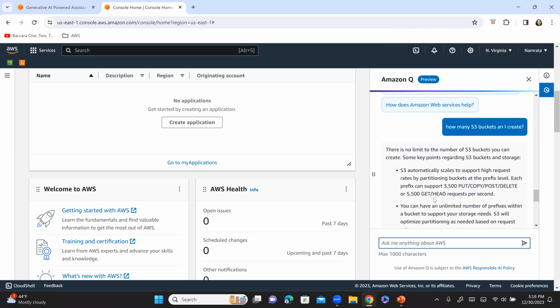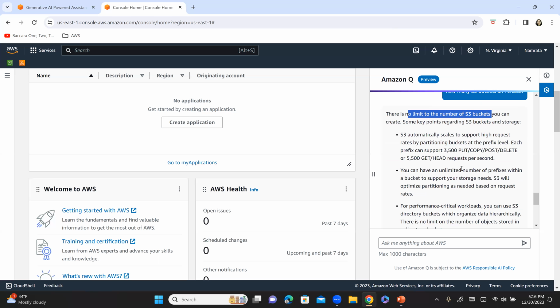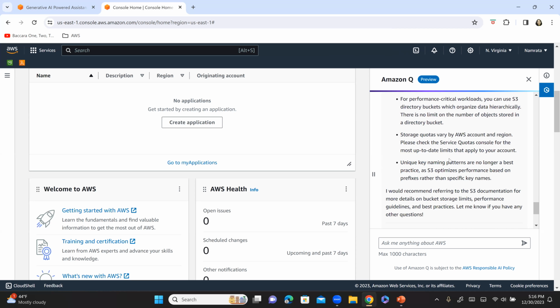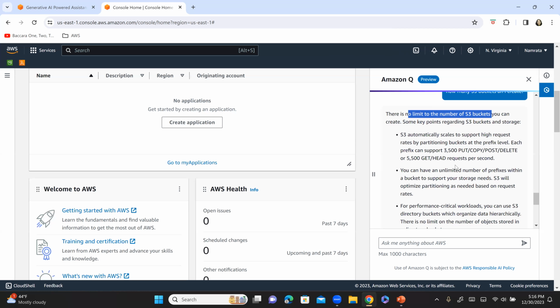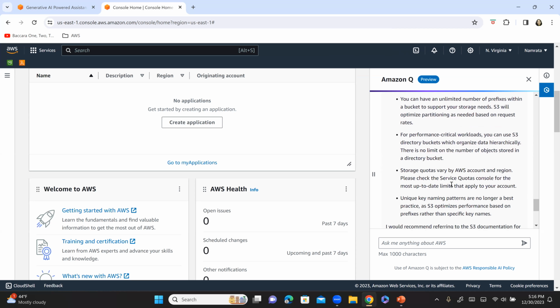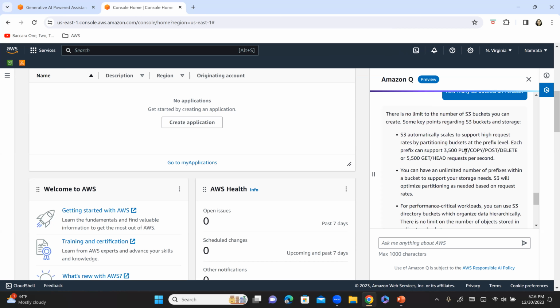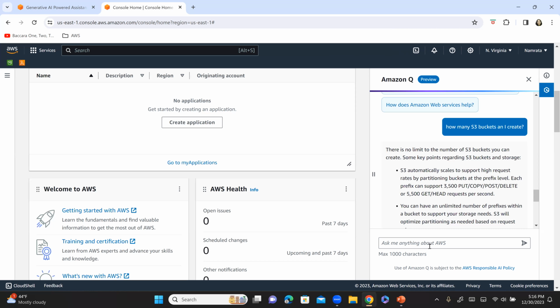It's saying that there's no specific limit for the S3 buckets, and you can create as many buckets as you like. But overall, I think it should have mentioned that I am able to create about 100 buckets.